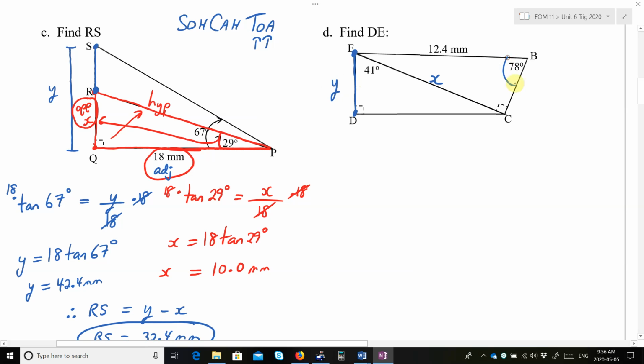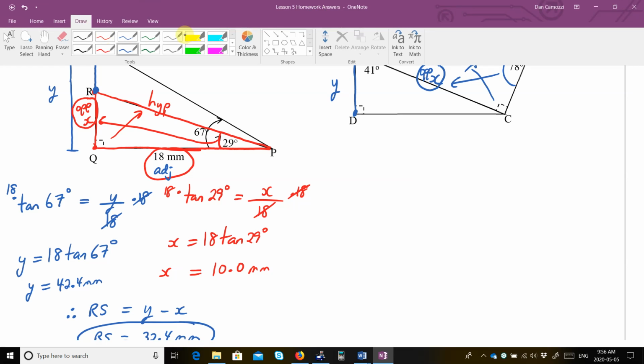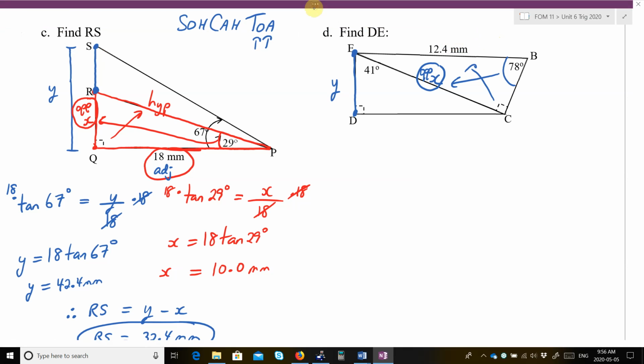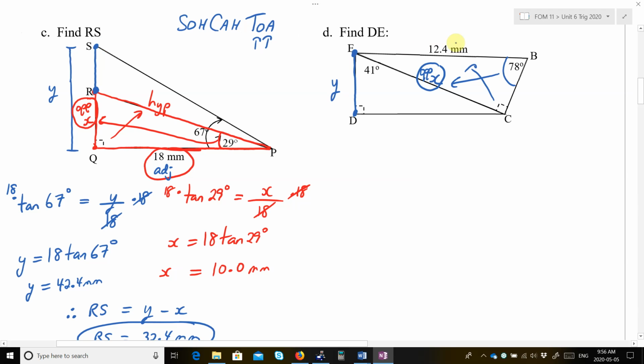Okay, so in the first triangle, there's our angle, so the x is the opposite side, and across from the 90 is the hypotenuse, and I would say to myself, which ratio deals with opposite and hypotenuse? Opposite and hypotenuse, that's sine.